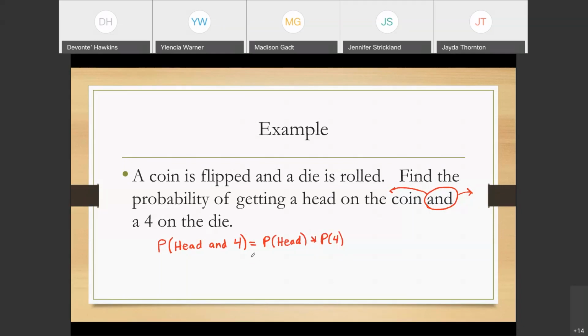All right, so once that's done, then we need to figure out those two probabilities. So when you flip a coin, somebody tell me what the probability of flipping heads would be. You can put it in chat if you want, if you don't want to say it.